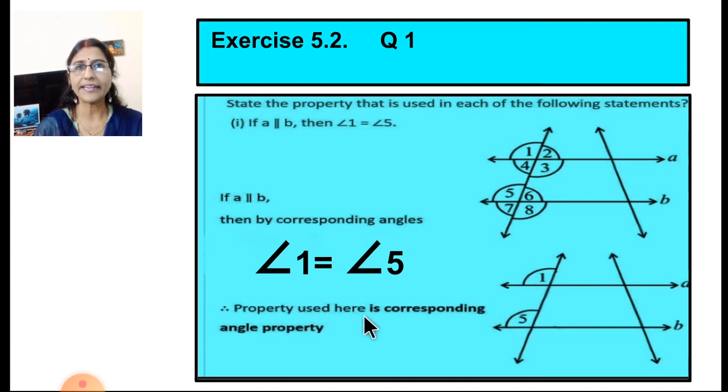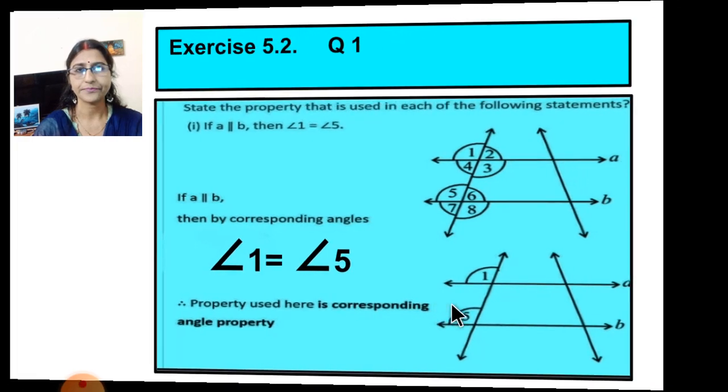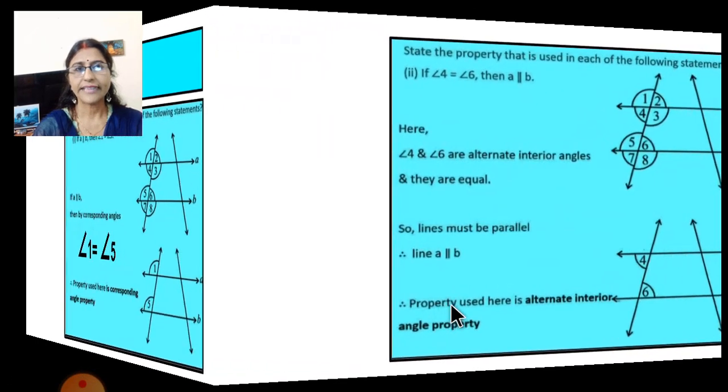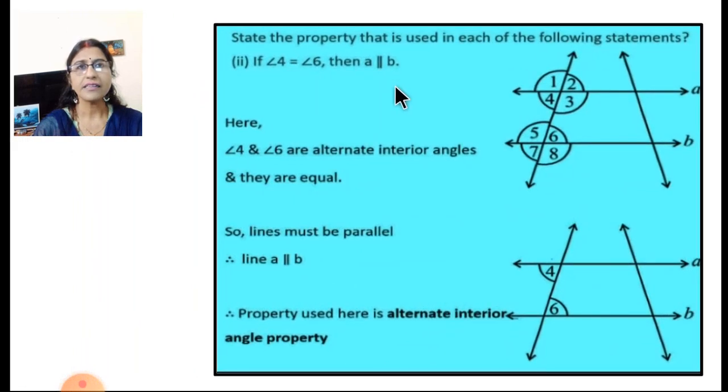Therefore, the property used here is the corresponding angle property. Because we have learned when the lines are parallel, the corresponding angles are also equal. So here angle 1 is equal to angle 5. Now the second part of the same question, state the property.